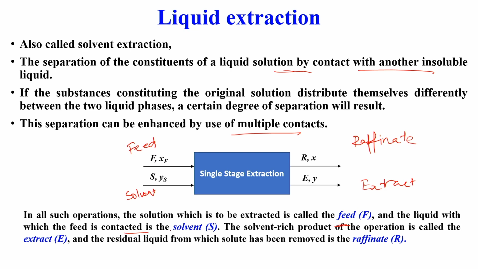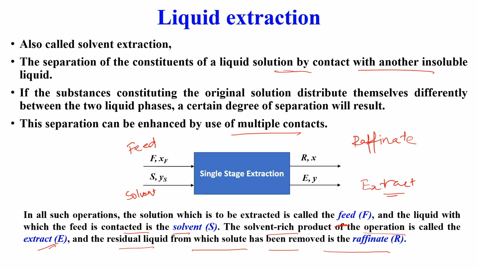The liquid which is added is the solvent in which you want to extract your product. Now, we are going to get two phases, one is the solvent-rich product of the operation, called the extract, and the residual liquid from which the solute has been removed is called the raffinate.